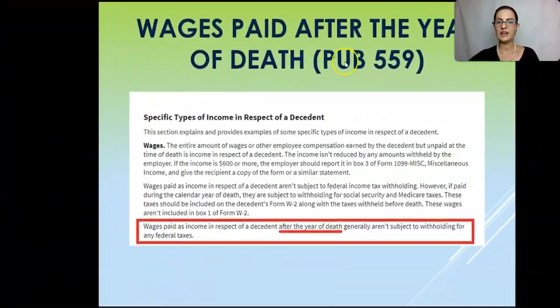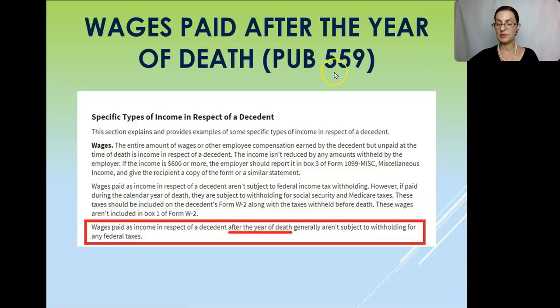Okay, wages paid after the year of death. This is straight from Publication 559, which, like I said, is a great publication to actually read if you have no experience with this. Wages paid to a deceased person. Let's say you have an employee and they pass away and you're doing the payroll for the business or the company. Wages paid as income in respect of a decedent aren't subject to federal income tax withholding.